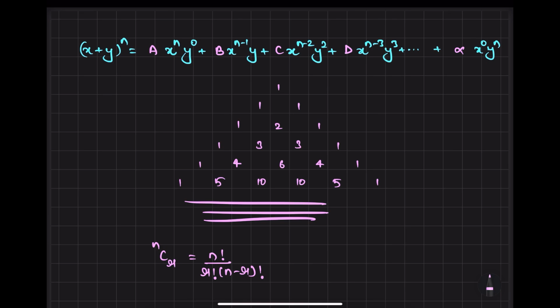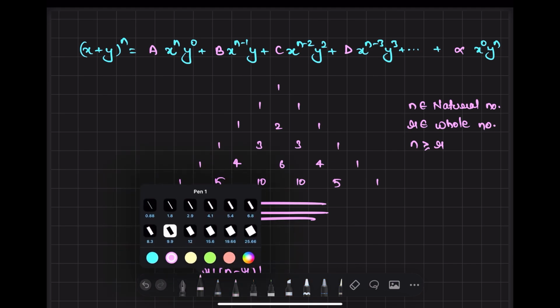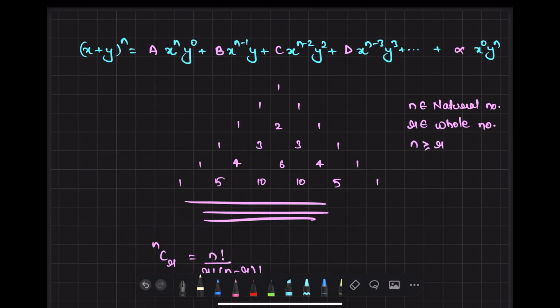For the domain, n should be a natural number, r should be a whole number, and n should be greater than or equal to r. So this is the domain. Now, how will we get the coefficient of these terms?